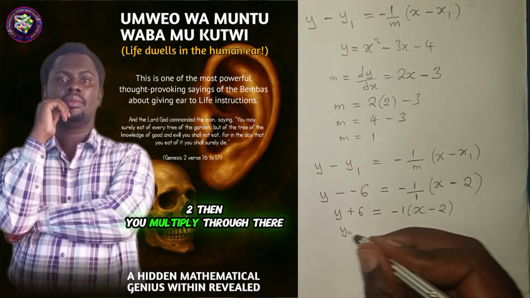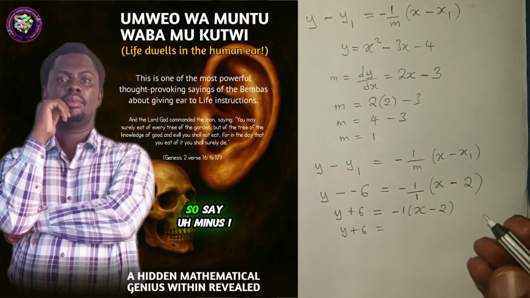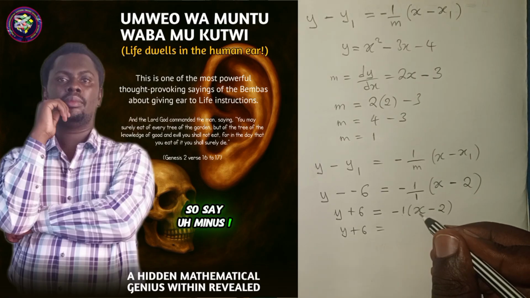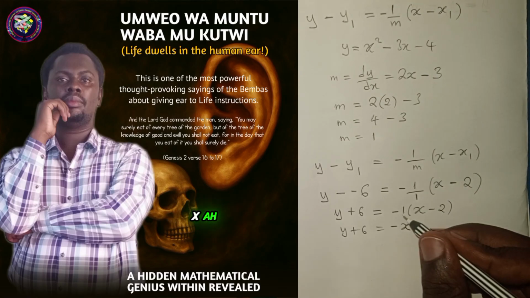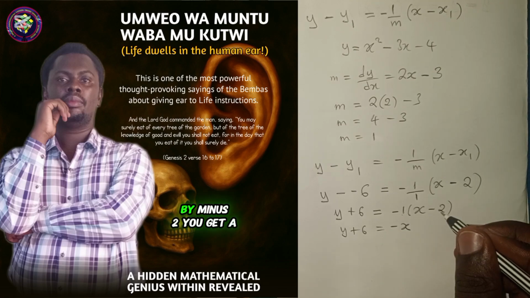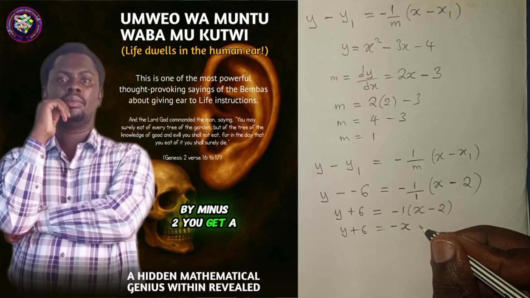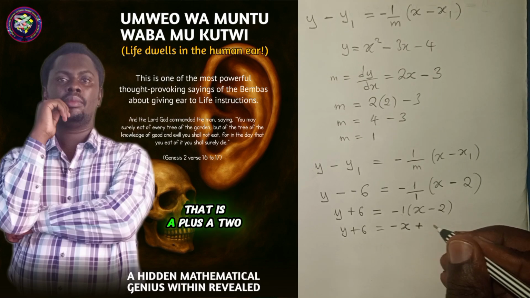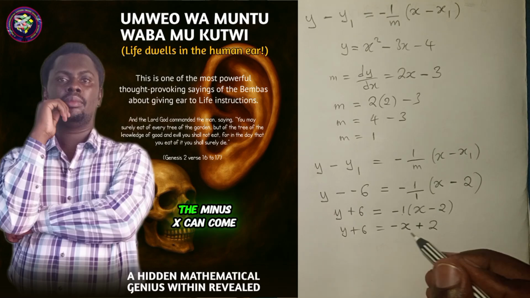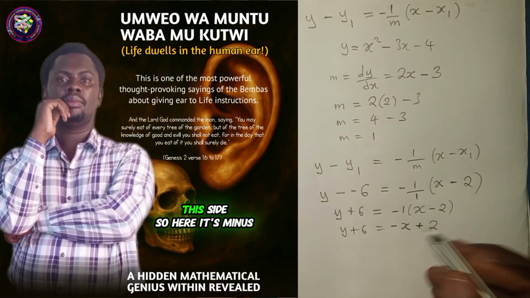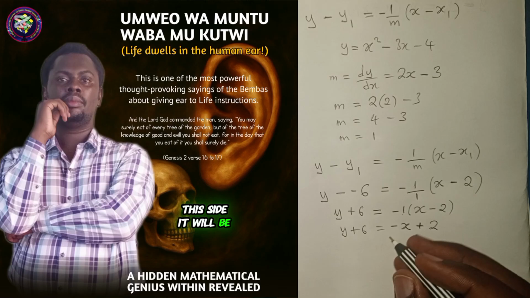Then you multiply through. Minus 1 multiplied by x gives minus x. Minus 1 multiplied by minus 2 gives positive 2, that is plus 2. Then we can rearrange the terms. The minus x can come to this side and becomes plus.